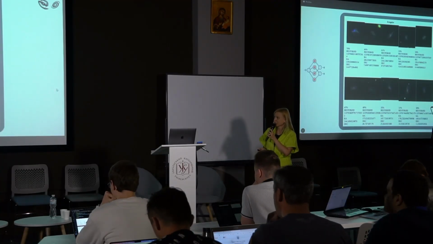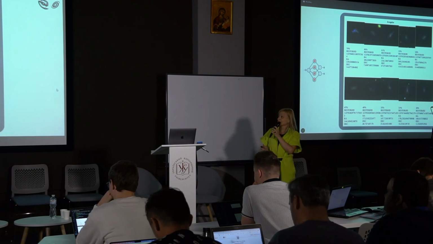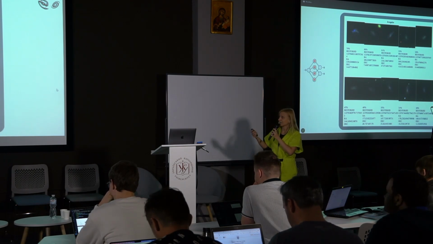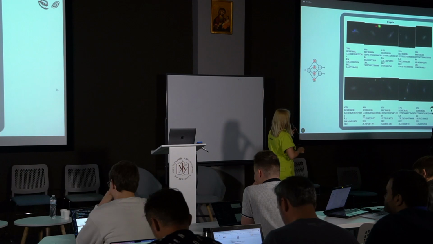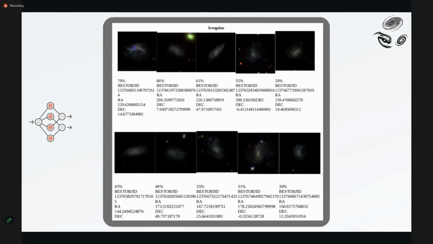And I want to show you our result. It's interesting that for irregular galaxy, 70% is irregular galaxy, and 30% is regular galaxy. In this variant, our CNN works very well, because all galaxies in the irregular sample, with any accuracy, are irregular.